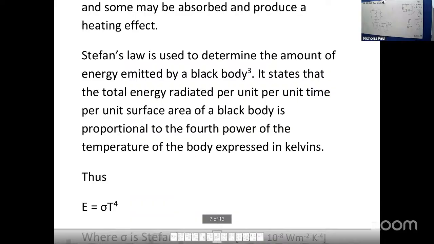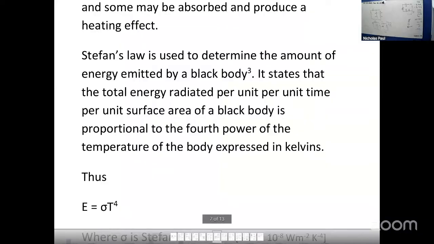Stefan's law is used to determine the amount of energy emitted by a black body. It states that the total energy radiated per unit time. What's energy per unit time? Power, right? The power.